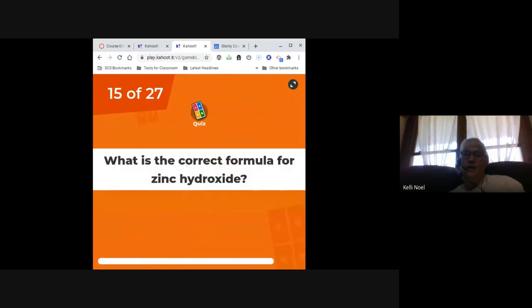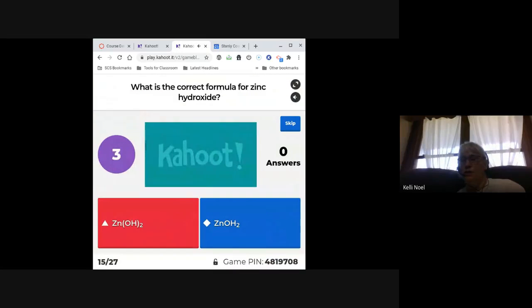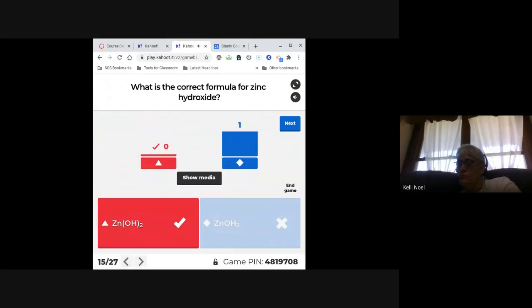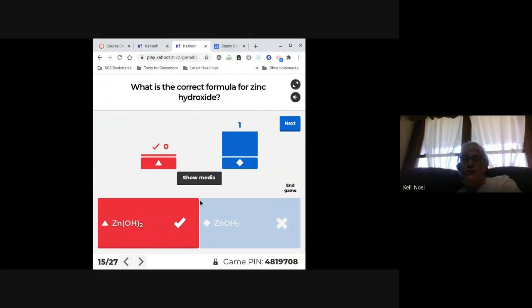Zinc hydroxide. Which one is written correctly? The hydroxide ion is OH, and it has a -1 charge. So if you do the reverse crisscross, zinc has a 1 down here, no number.